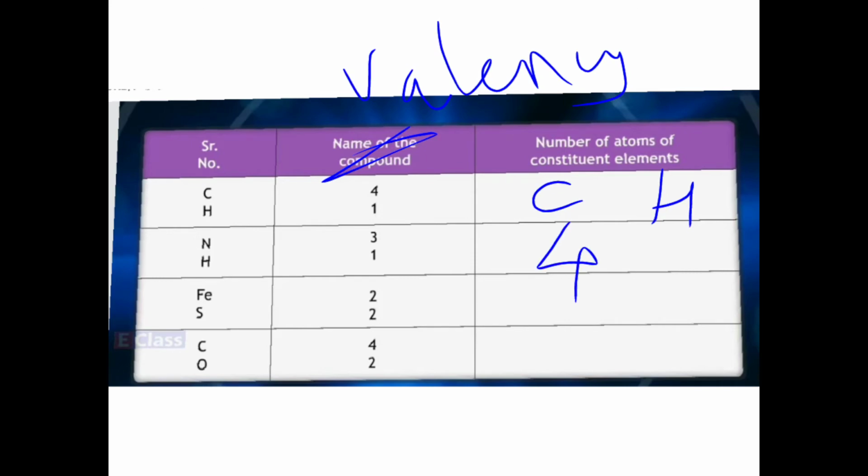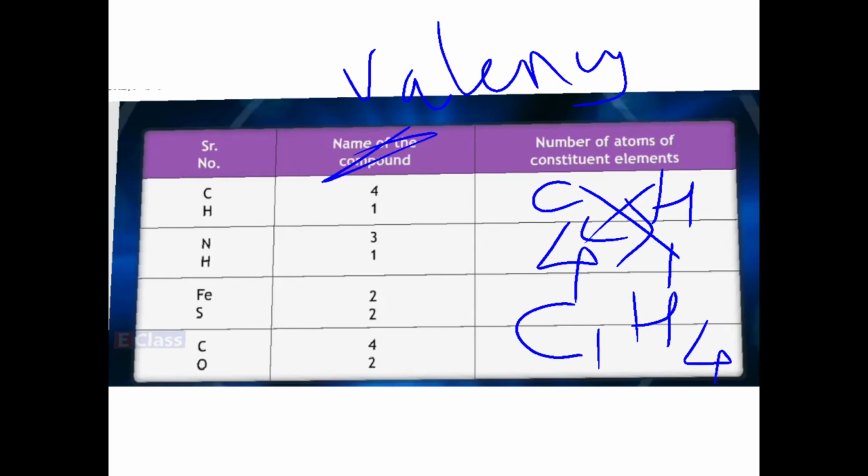So below C, 4, and below hydrogen I will write 1. After writing this, third step, cross multiply. So I am going to get C1H4. Right? Children, normally when it is 1, we don't write 1. So you can just write CH4. Now we cannot divide it further in a reduced form.